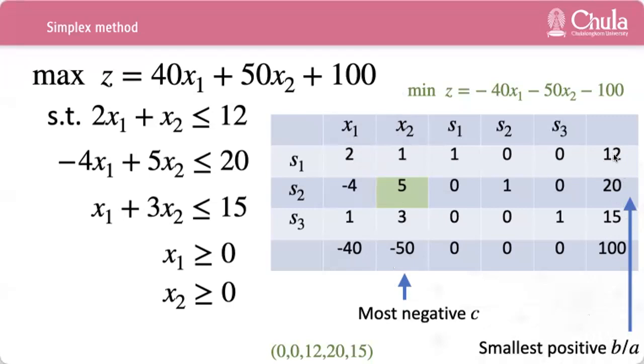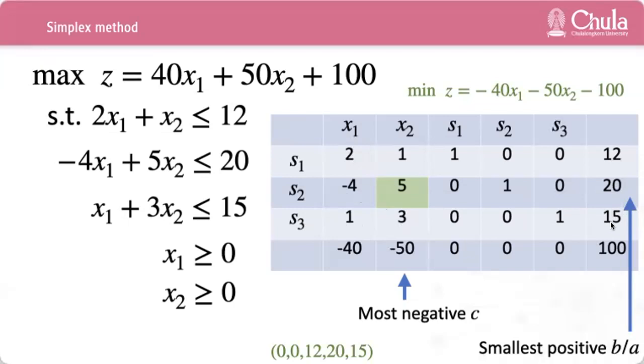So b over a of s1 is 12 over 1, so it is 12. And b over a of s2 is 20 over 5, so it is 4. And for s3, it is 15 over 3, so it's 5.